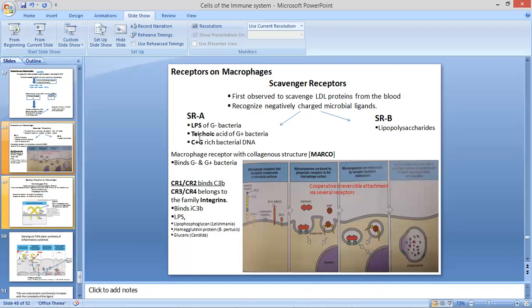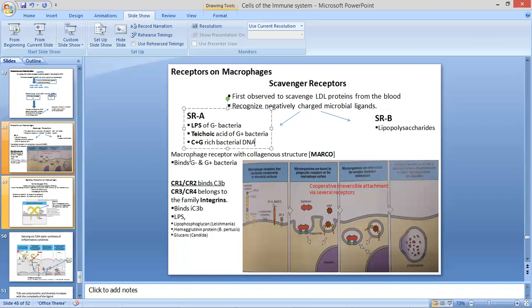These are the PAMs recognized by SRA, and these are the PAMs recognized by SRB, the scavenger receptor type B. So if you look at these PAMs, they would be common to many gram-negative and many gram-positive bacteria, for instance when it comes to their nucleic acids.